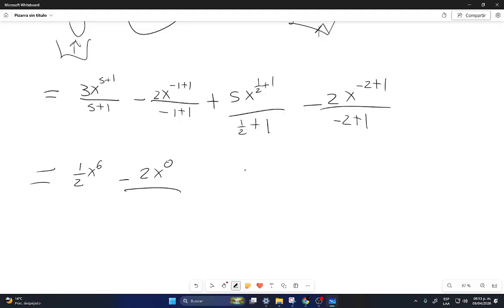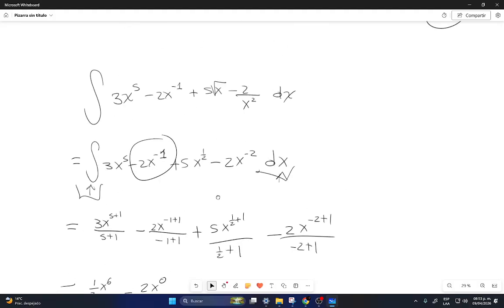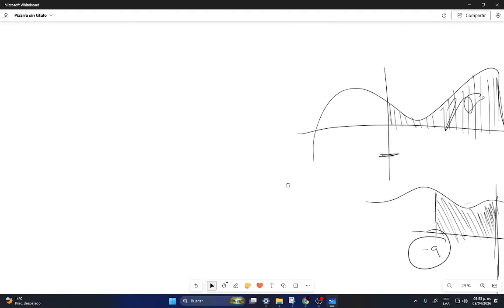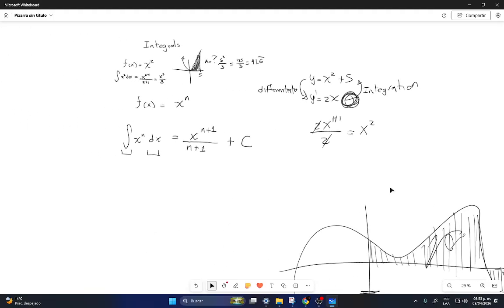Negative 1 plus 1 is 0, so this is power 0 over 0. This is why it's not possible, because it's not possible to divide by 0. So you should take into account that the only exception for this rule is when n is negative 1.